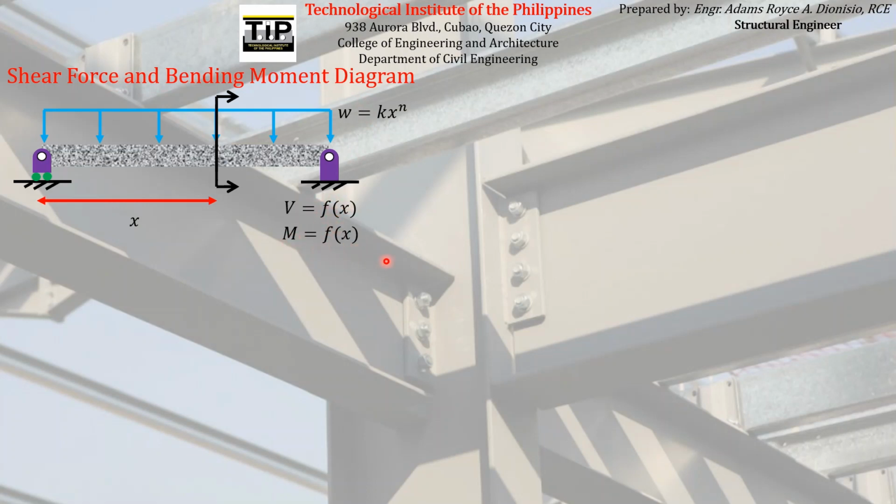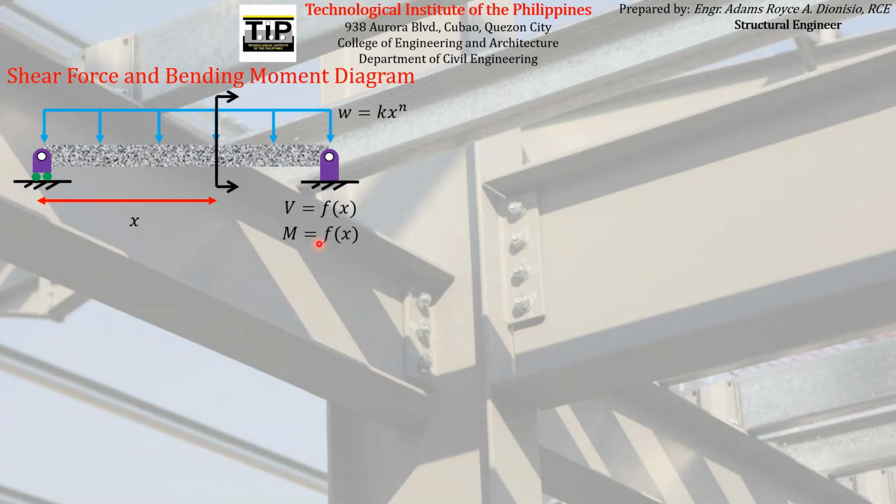But the method to derive that particular graph is somehow tedious because we have to establish these equations first, and these equations are only applicable for a particular type of load. What if the beam is loaded by different types of loads, a combination of different types of loads?